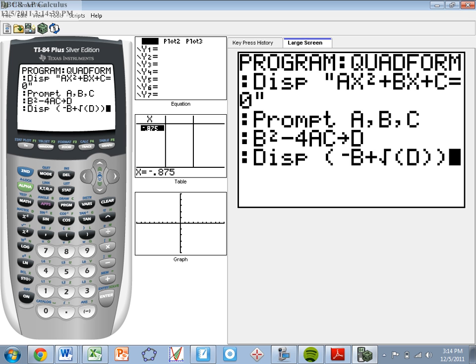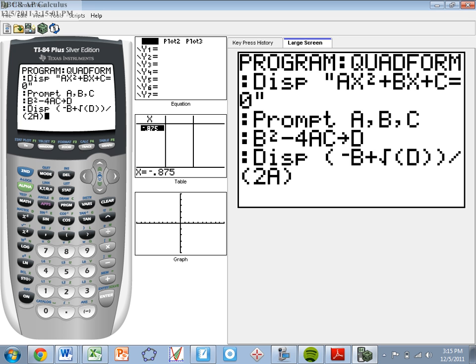All over what? 2a. Very good, Leslie. Now, if I don't put the 2a in parentheses, I'm going to have a problem, because now it's dividing by 2 and then multiplying by a. So I got to make sure when I do my denominator, I have parentheses 2a.